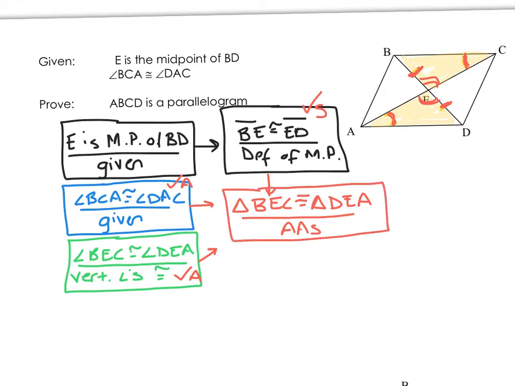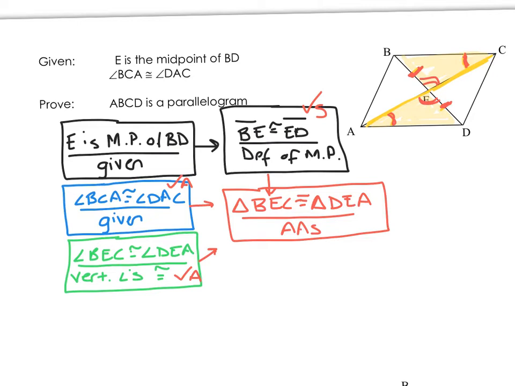Okay. From here, I can go a lot of different ways. I could state, okay, I know that side AE is congruent to side EC by CPCPC.